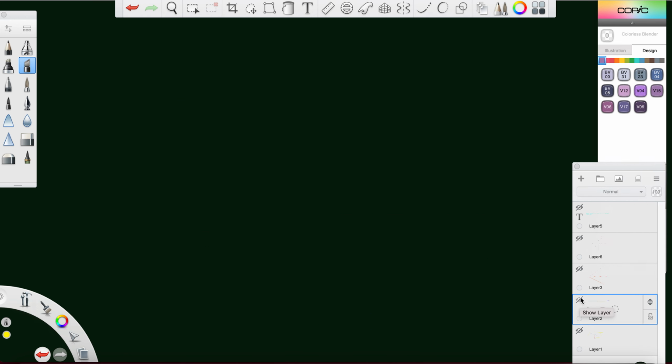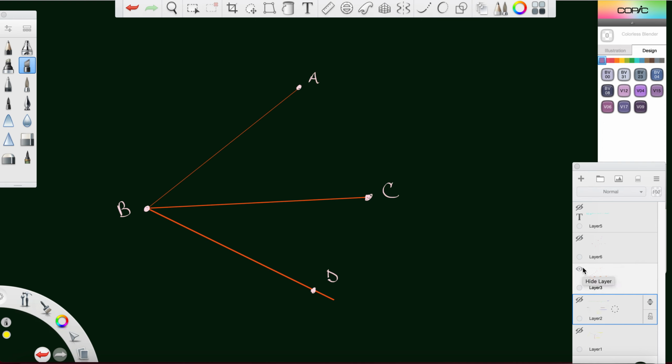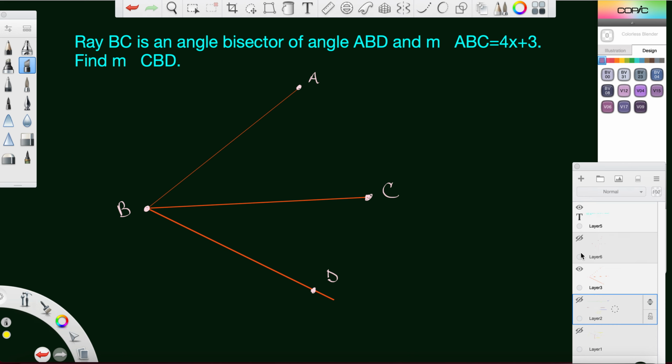Okay, let me hide this. I think it's this layer. Yeah, it's this layer. And I'm trying to look to see if the question is up there. Yeah, there it is. Okay, cool. I want to be writing on this layer, so let's put this in here.